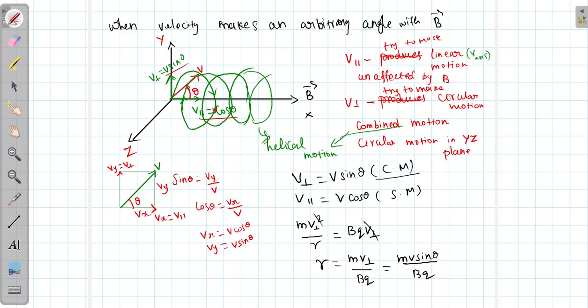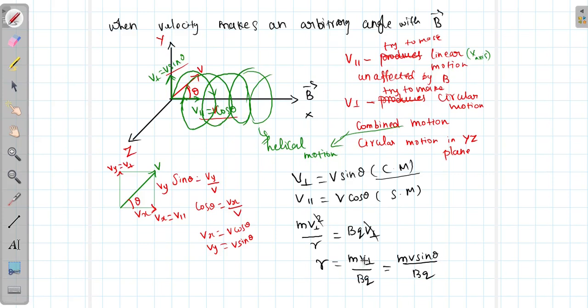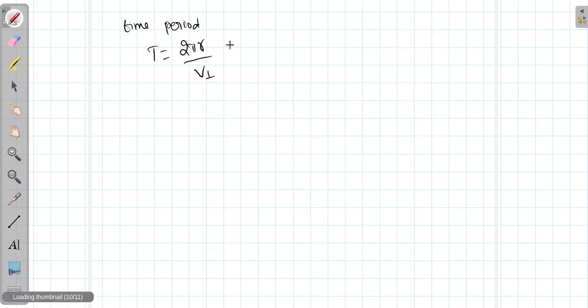Then the time period. T equals 2 pi R divided by V perpendicular. Now you bring this V perpendicular to the left-hand side: m divided by B Q. Therefore, T equals 2 pi m divided by B Q. That's all.